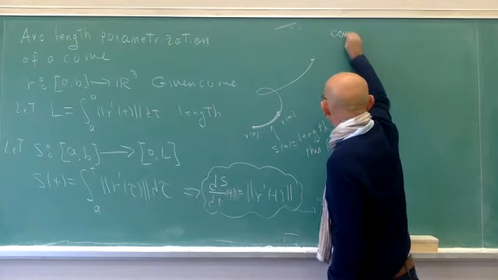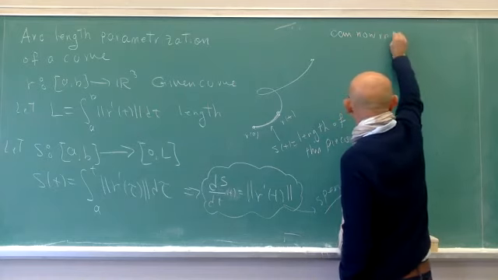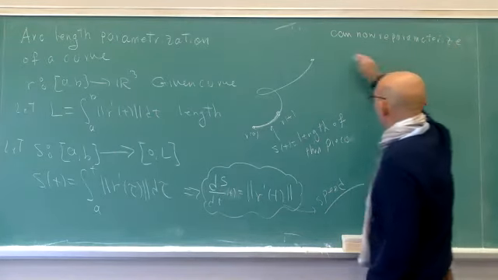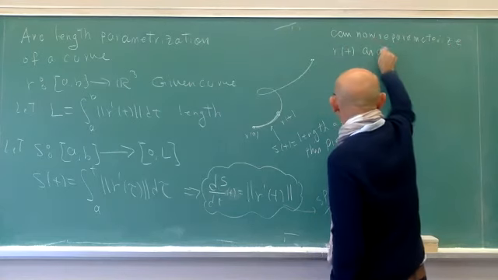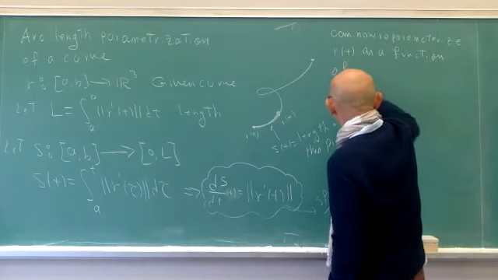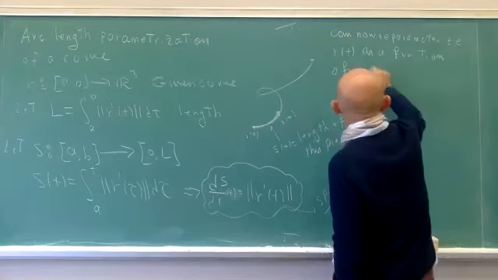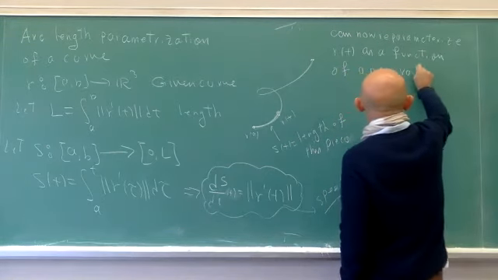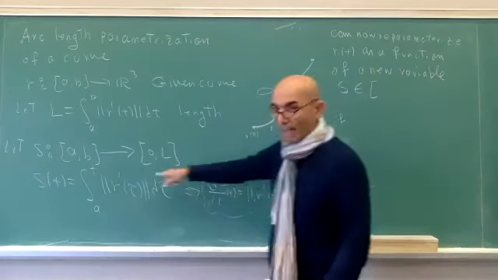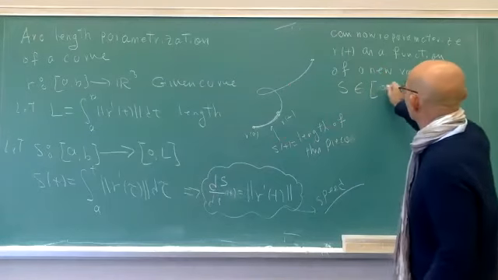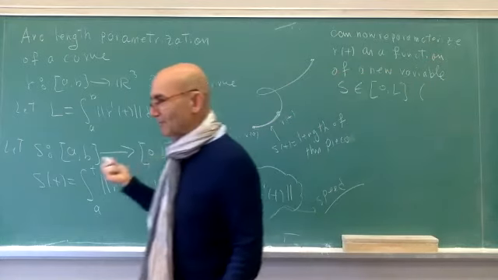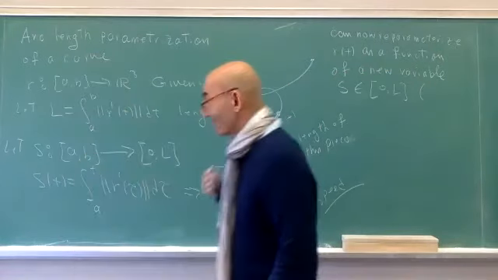We can now reparameterize r of t as a function of a new variable s, which is in this interval 0L, which is, of course, secretly we know what the geometric meaning of this variable is. It's arc length. It's length.